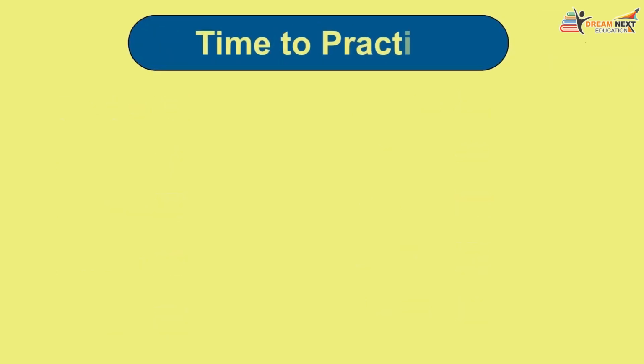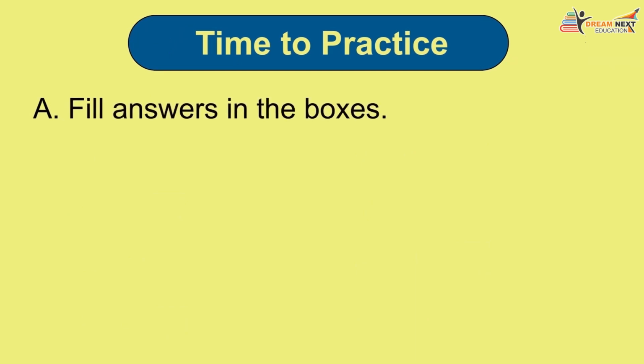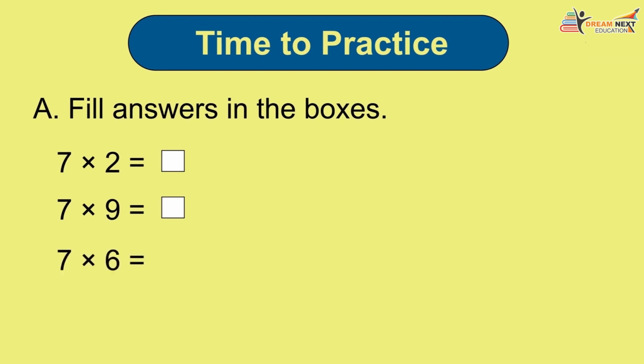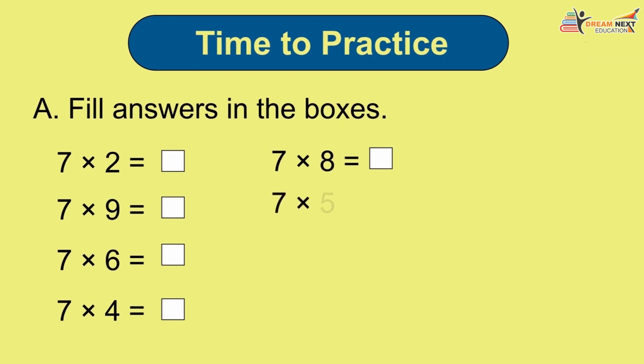Time to practice. Fill answers in the boxes. 7 into 2 is equals to, 7 into 9 is equals to, 7 into 6 is equals to, 7 into 4 is equals to, 7 into 8 is equals to, 7 into 5 is equals to, 7 into 3 is equals to.